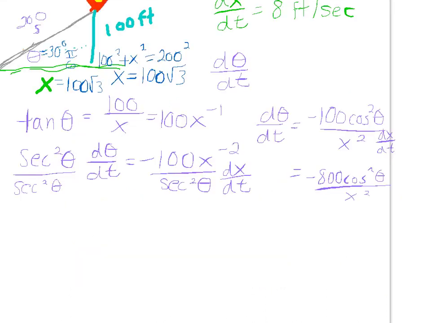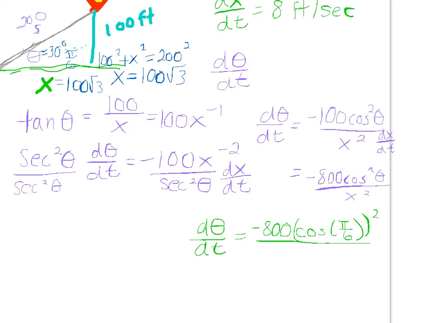So now to find d theta/dt, I'm going to plug in pi over 6 for my angle, and I'm going to plug in 100 root 3 for x.